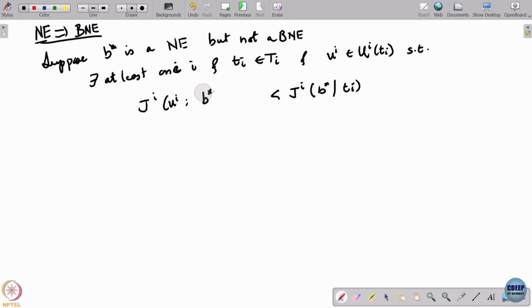Now, why did I reduce this to actions? See, if there is at least one behavioral strategy, or at least one probability distribution on the actions that gives you better payoff, then once there is a probability distribution that gives you strict inequality, it means that there is at least one pure strategy that is going to give you strict inequality, right?